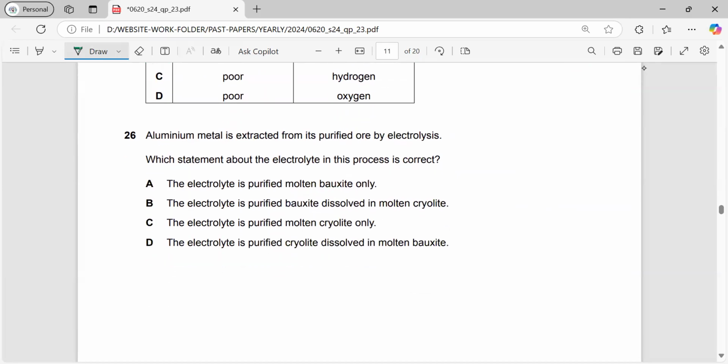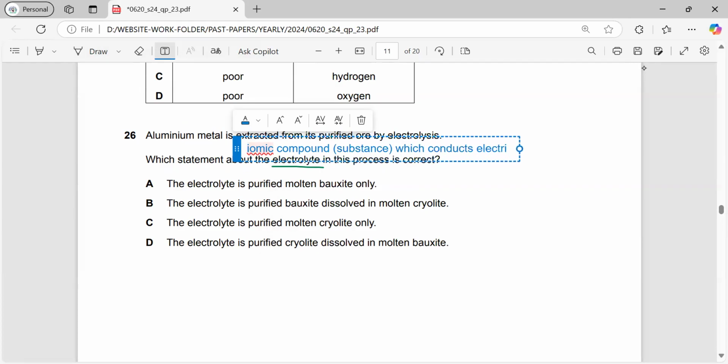Question 26. Aluminium metal is extracted from its purified ore by electrolysis. Which statement about the electrolyte in this process is correct? Now, what electrolyte will we use? An electrolyte is an ionic compound, or any substance, which conducts electricity.